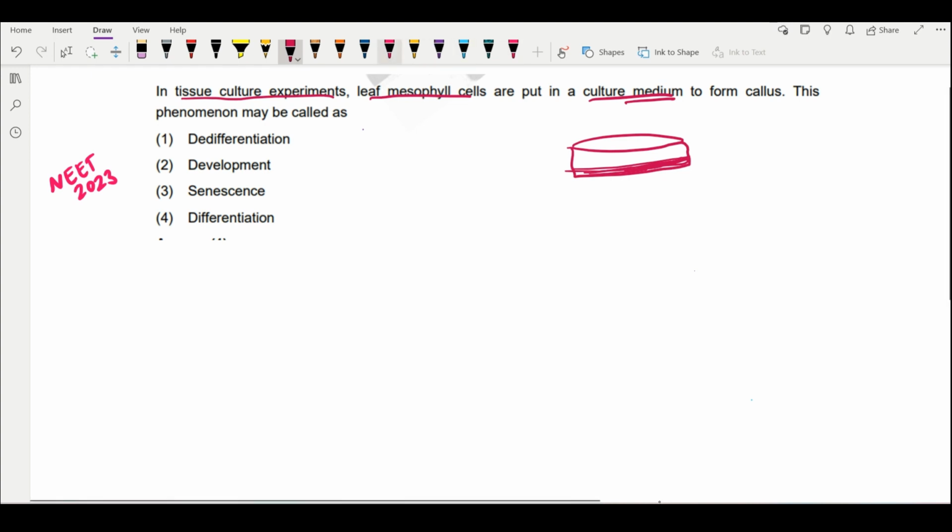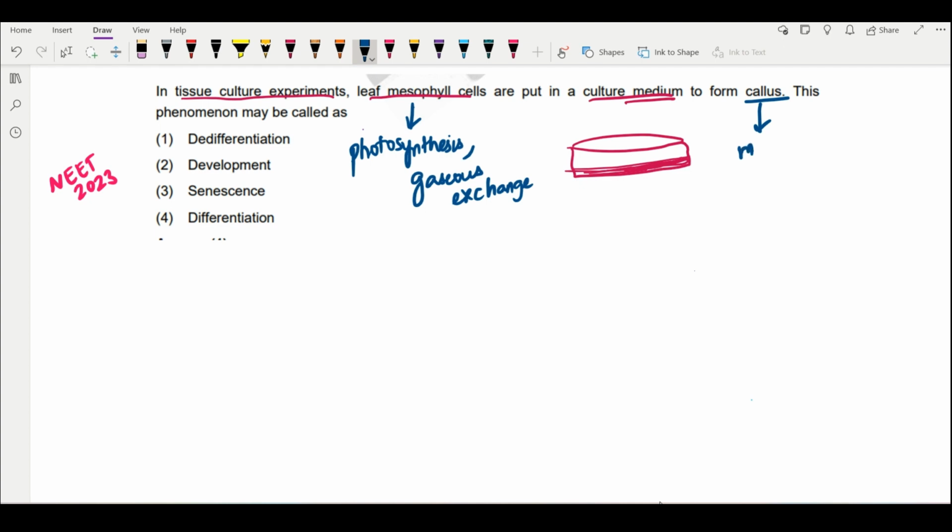So, what is the function of mesophyll cells? Mesophyll cells play a very important role in the process of photosynthesis and also in gaseous exchange. These mesophyll cells are of two types: palisade mesophyll cells and spongy mesophyll cells. Now, what is callus?